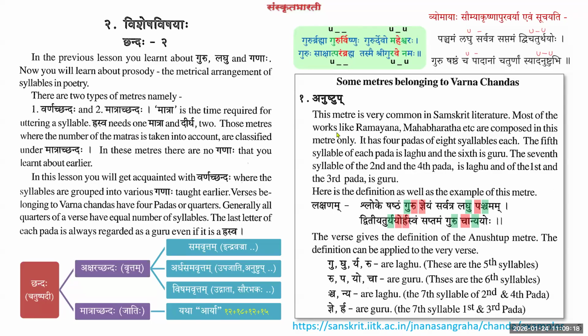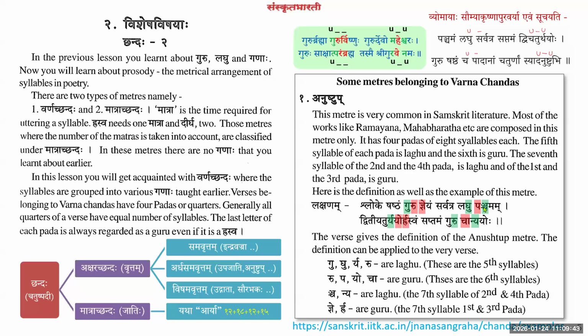So the word 'only' should be replaced by 'largely'. It has 4 padas of 8 syllables each. The 5th syllable of each pada is Laghu. The 6th is Guru. So two positions are fixed in all 4 padas, Laghu and Guru, for the 5th and 6th.